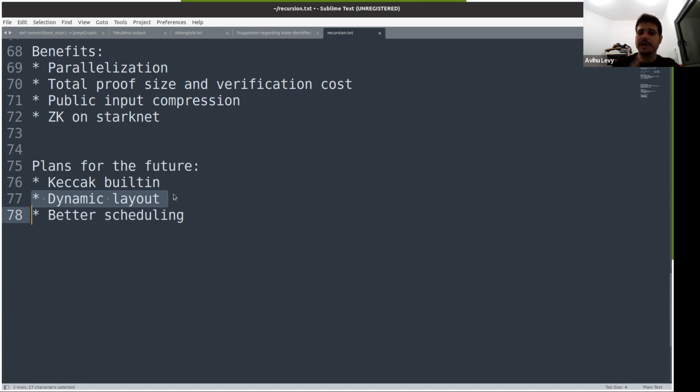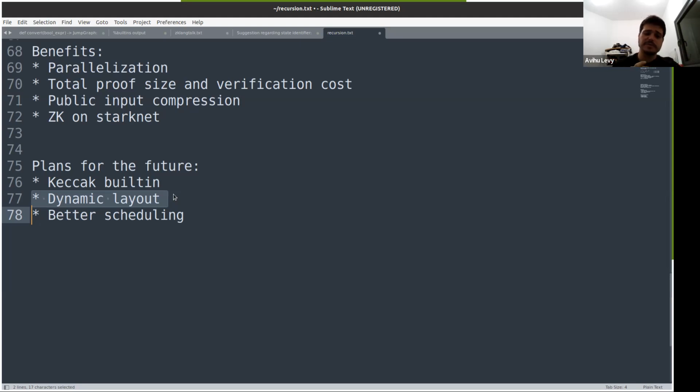And we have a few layouts to cover common cases. But what we really want to have is a single verifier that can take these ratios as parameters and then parameterize these polynomial equations. So we'll get a dynamic layout. So we can have any set of ratios we want.